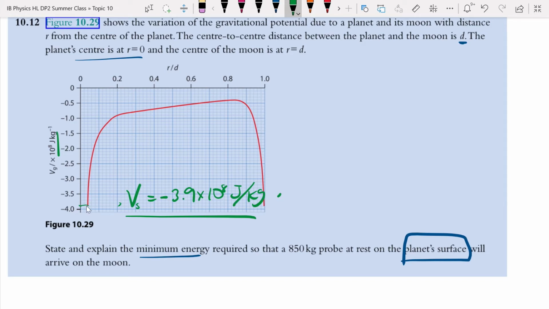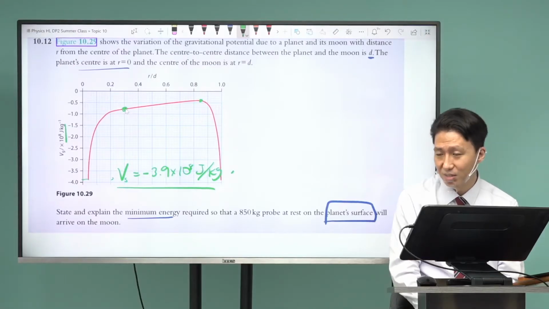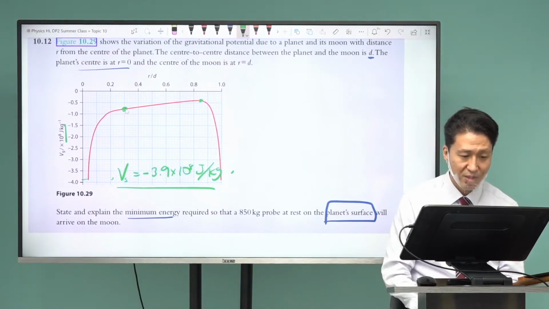If you want to go to the moon, you at the very least have to have enough energy to go from here all the way up and past this point. If you don't have enough energy to get to this point, you'll probably end up here, have no more energy, and fall back to Earth.